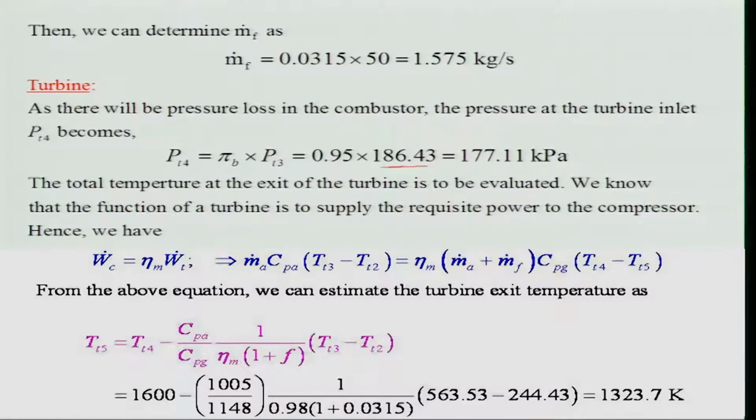We know all these values, and we can determine that this happens to be 1323.7 Kelvin. The difference is around 277 Kelvin.